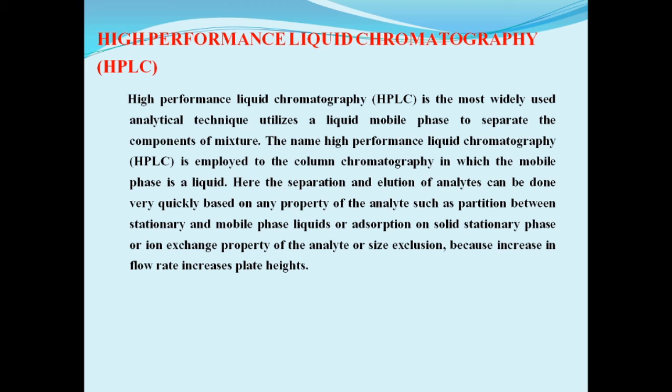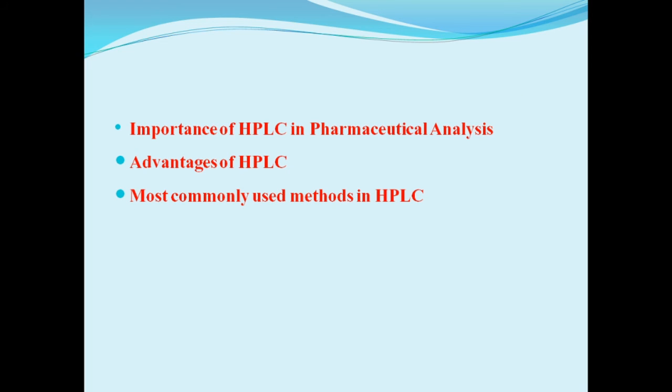Importance of HPLC in pharmaceutical analysis. HPLC provides reliable quantitative precision and accuracy, along with a linear dynamic range sufficient to allow for the determination of the active pharmaceutical ingredient and related substances in the same run using a variety of detectors, and can be performed on fully automated instrumentation.